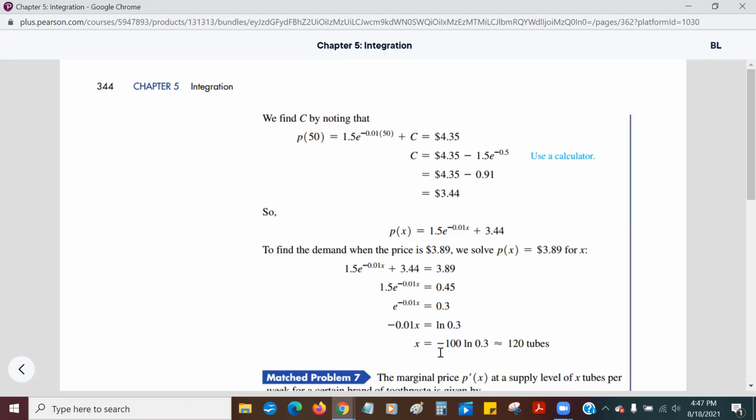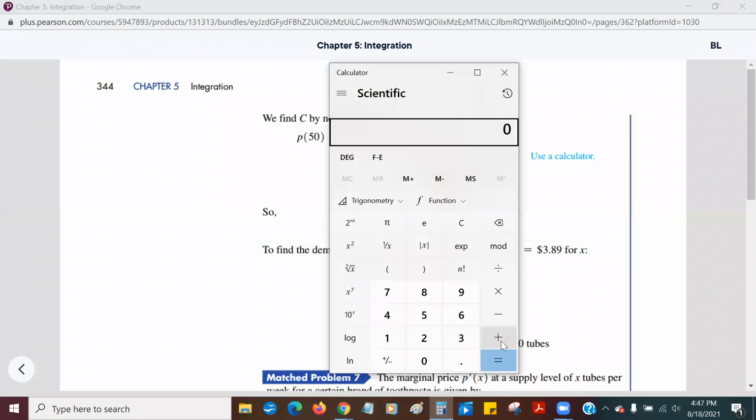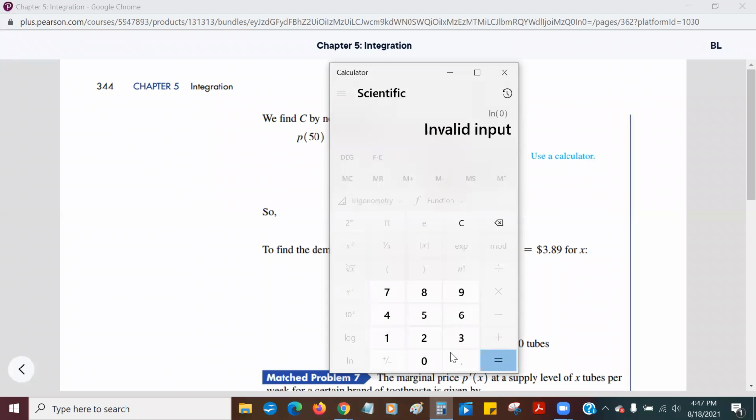Wait, so where did the negative go? Here's a negative, and here I have a positive. We have negative 100 ln of 0.3. So where did the negative go? How come they just kind of ignored the negative? The answer is ln of 0.3 is a negative number. In fact, let's see what that is right now.